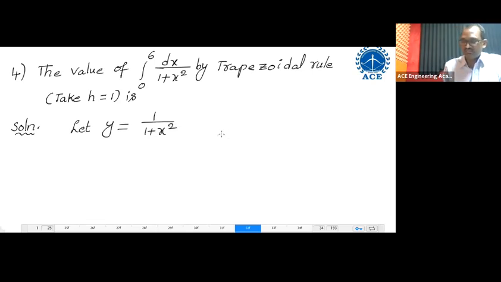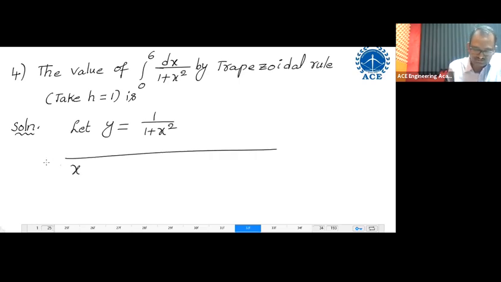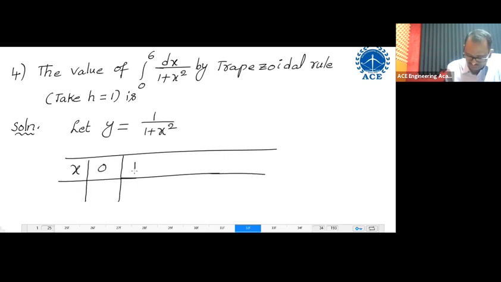The interval must be split into subintervals of equal length. Every subinterval size is 1.